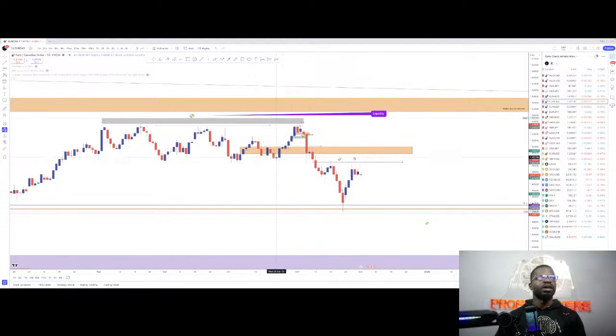We want to make sure that we're at major structural levels. So either that high here or right here, this high. We don't want to get in places like this because price can get really volatile and destroy your position.